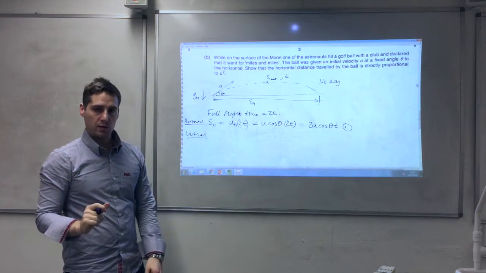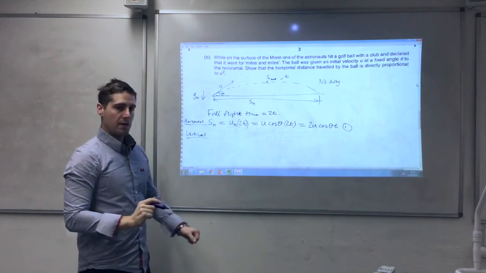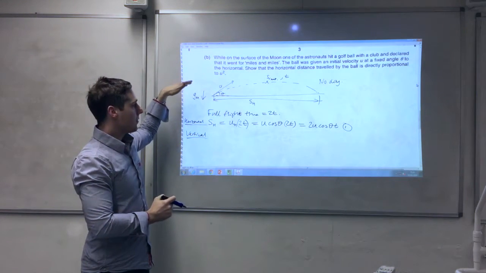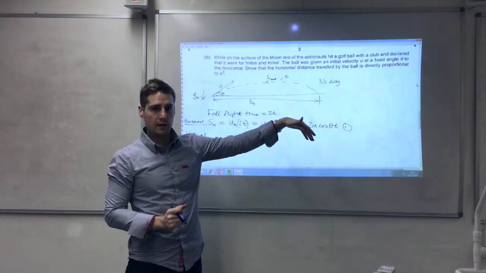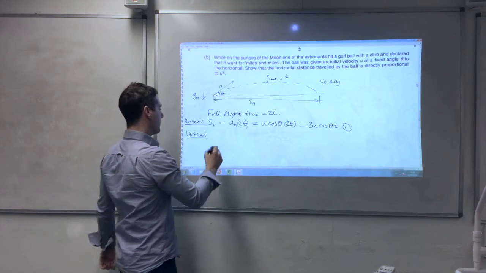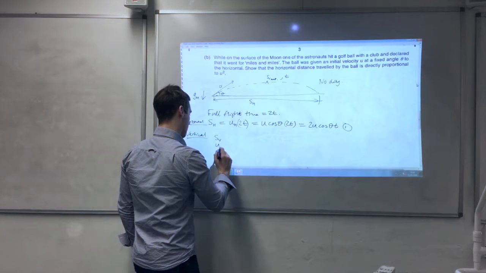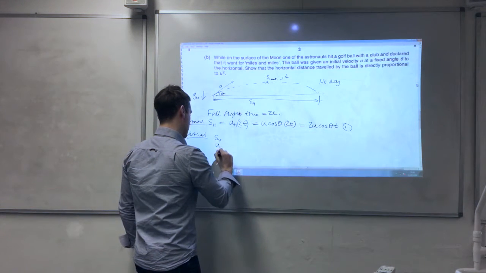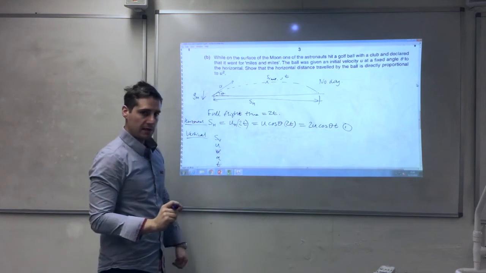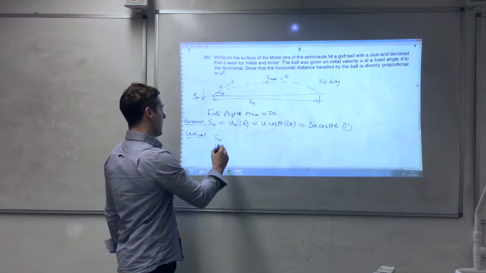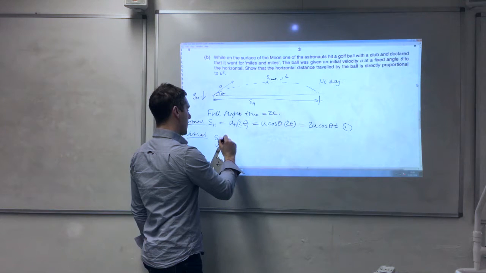Now let's deal with the vertical aspect of the motion. Because the ball will be decelerated by the gravitational field and then accelerated, this is a SUVAT problem. Good practice is to always write down all of the quantities that you know.